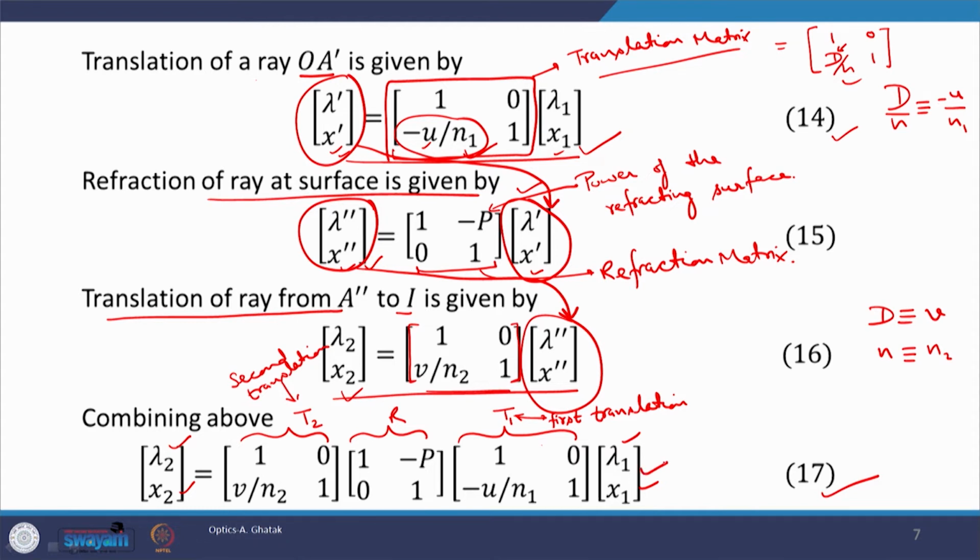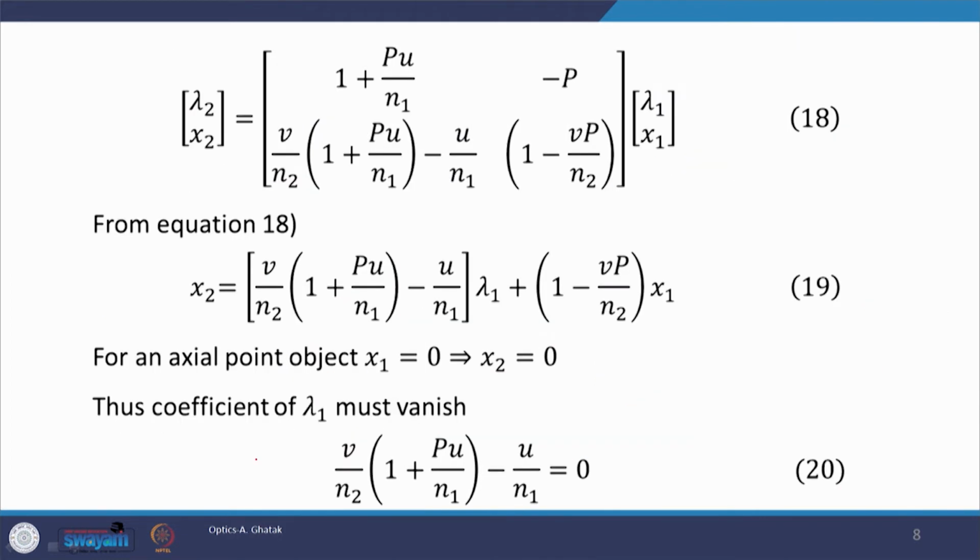We have the coordinate of point 2 as lambda 1 x1, then it is operated with the translation matrix, then the resultant with the refraction matrix, and then finally with the second translation matrix. This gives you the resultant expression. Now, after all this multiplication, the two translation and one refraction matrices are multiplied, and ultimately you get this 2 by 2 matrix.